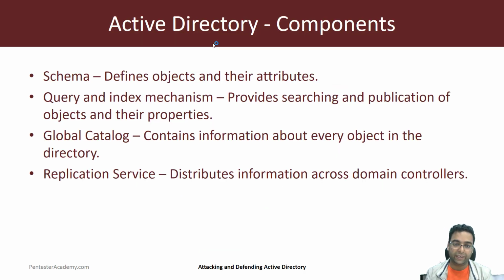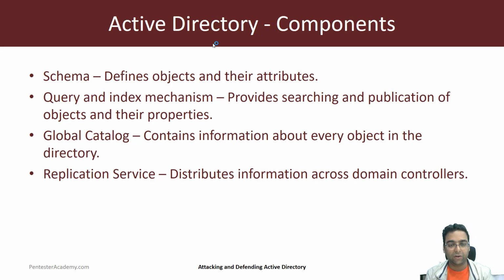Query and index mechanism. Because an Active Directory network by definition could span multiple locations throughout the world, there should be a searching, query and index mechanism, right? So that someone can search and publish objects and their properties. Now, because we have a query and index mechanism, there must be a catalog which contains information about objects.